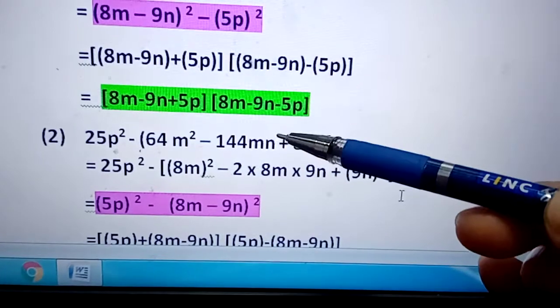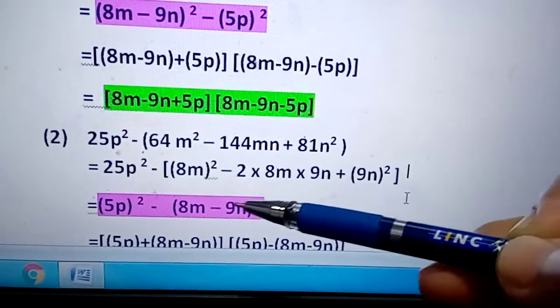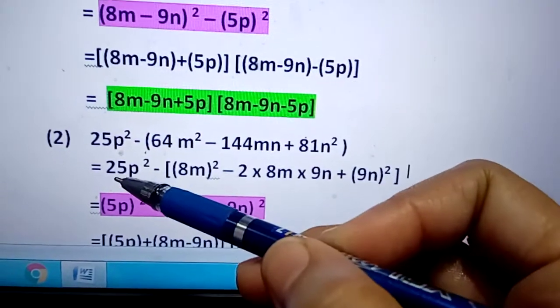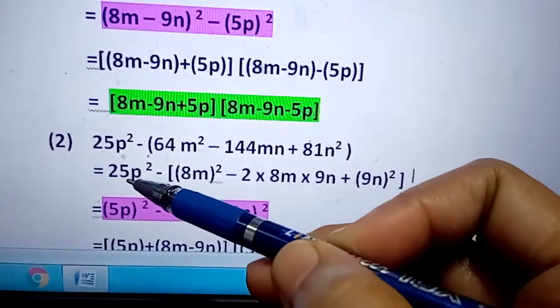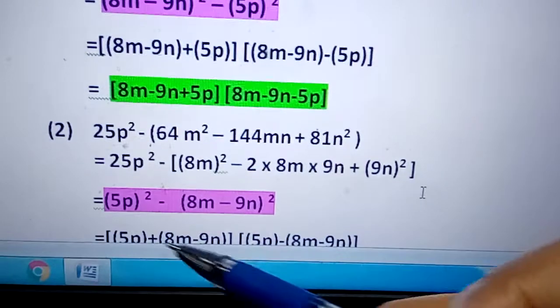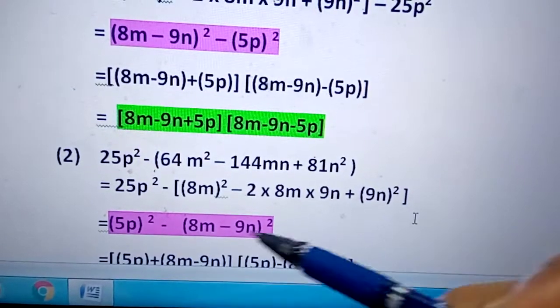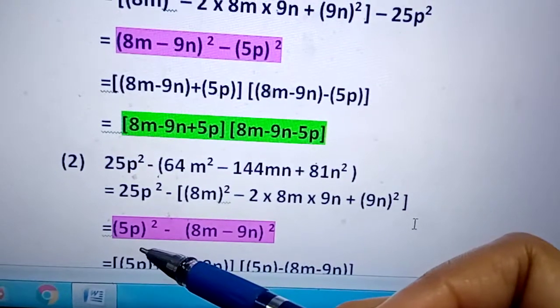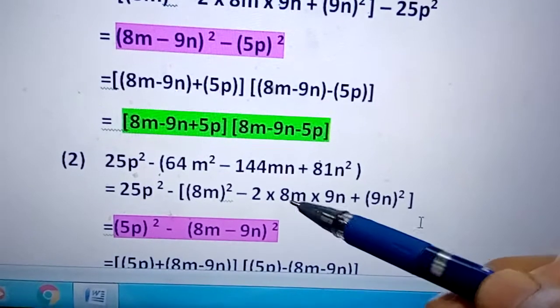After the use of identity 2, you will see 25p square can also be written as (5p) whole square. Now it has converted into identity number 3, a square minus b square.